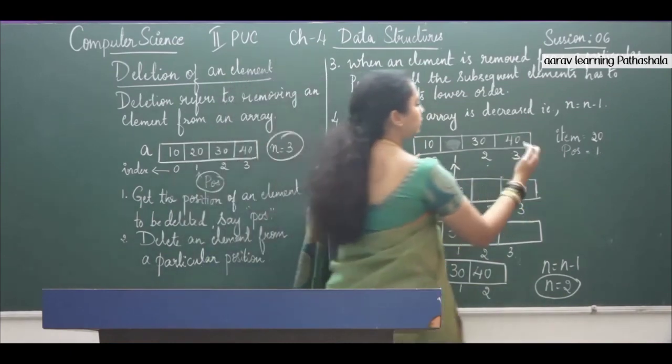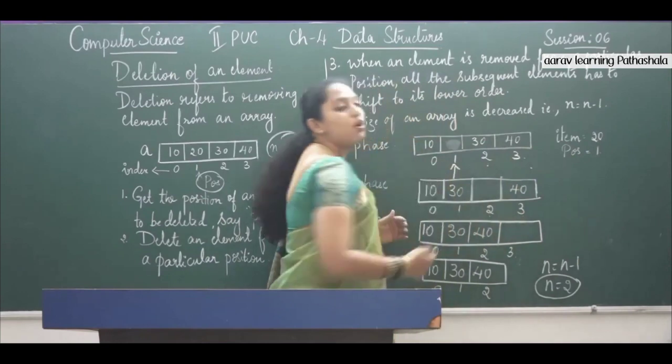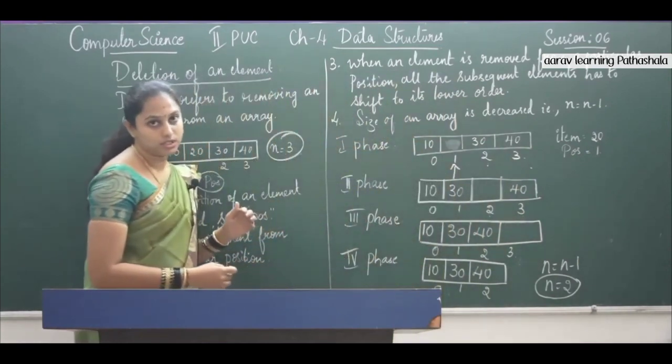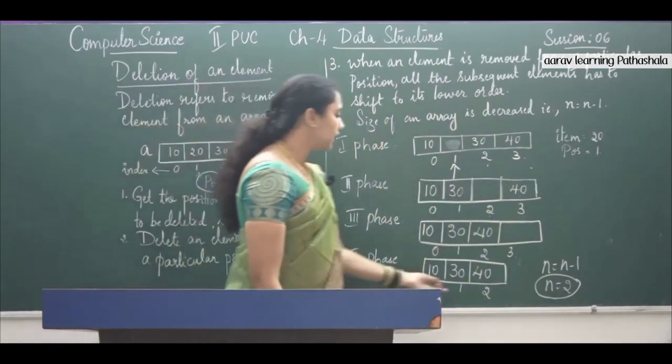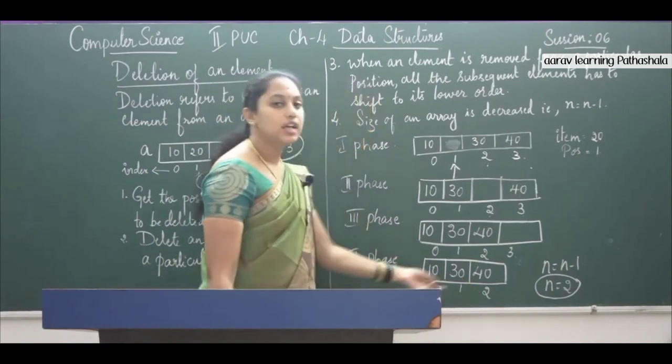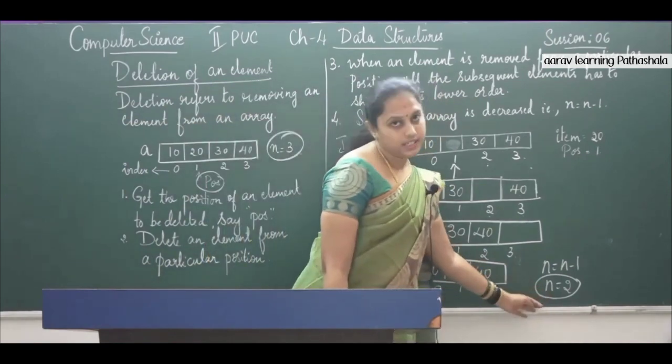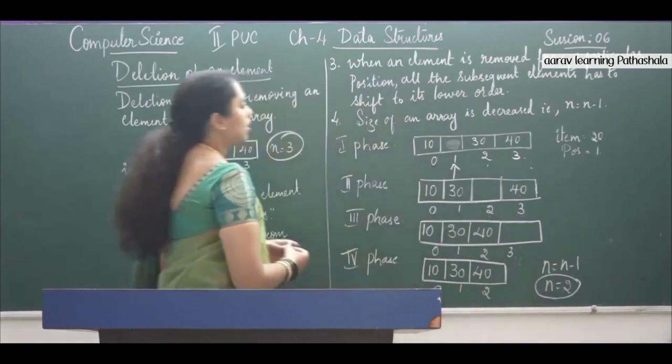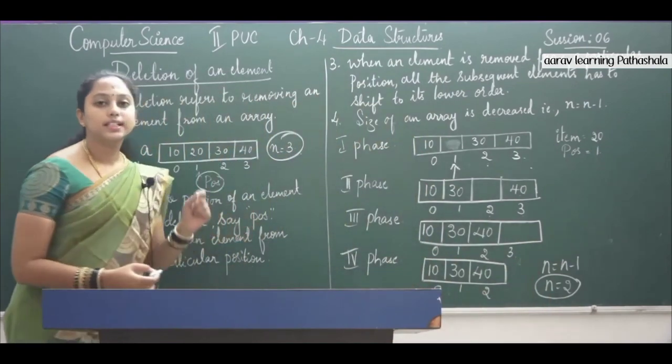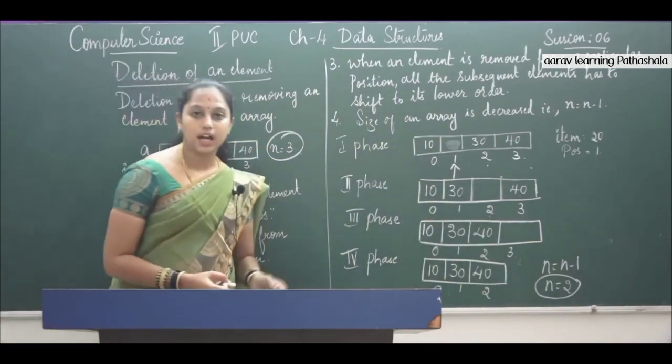So we are going to shift all the elements to their lower order positions. After deleting an element from an array, the array size is decreased. So this is how we are going to delete an element from an array.